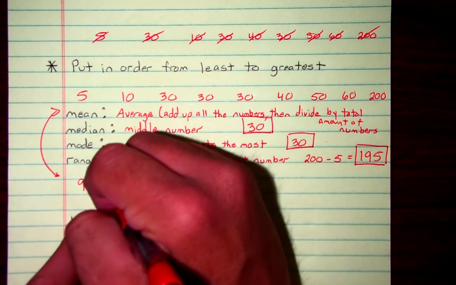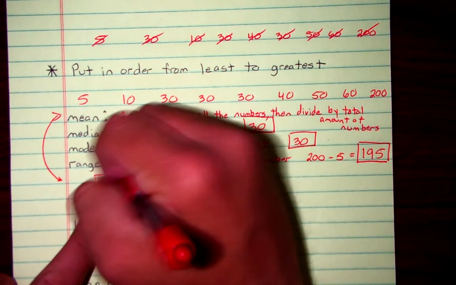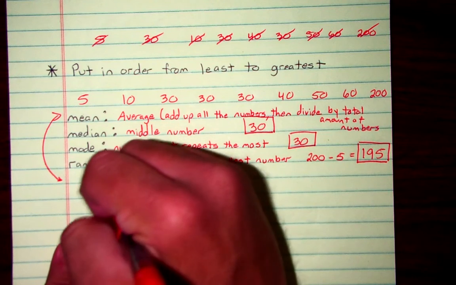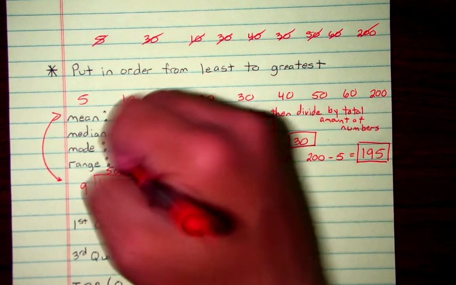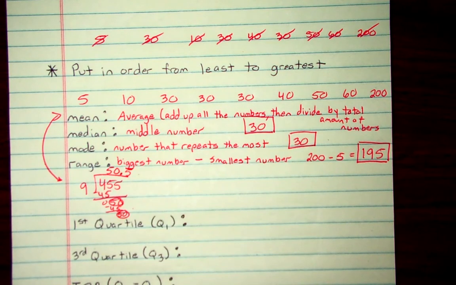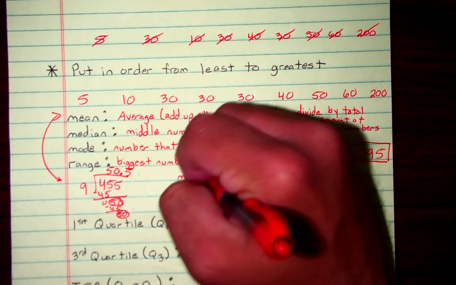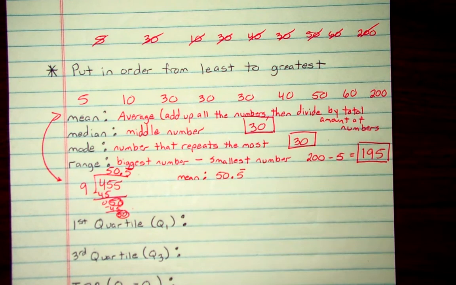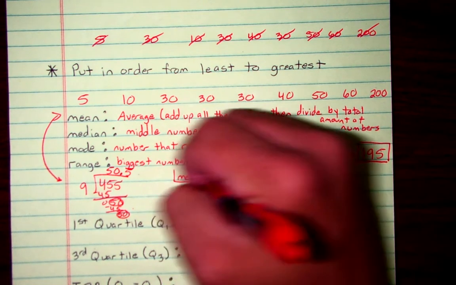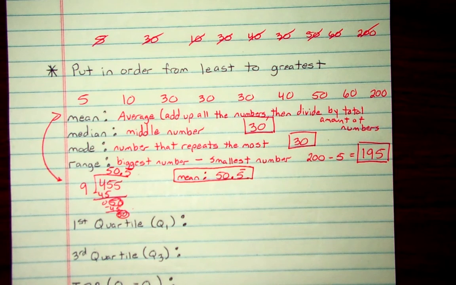No, it cannot, so I'm going to add a 0 down here. 9 into 50 5 times. Notice how this 50 keeps repeating right here. So your average is going to be about 50.5 with a bar over it repeating. That is your average. So the mean is 50.5 with the bar over it. Look how easy that was so far.